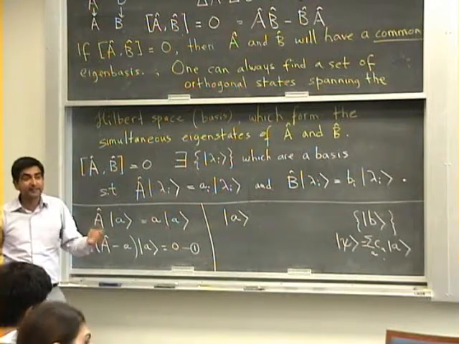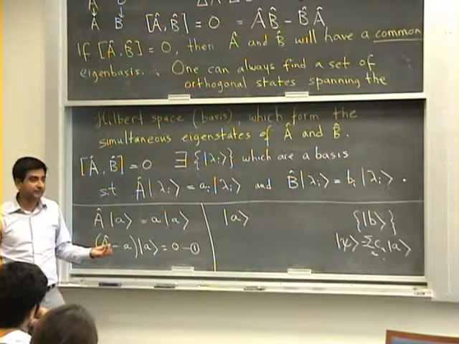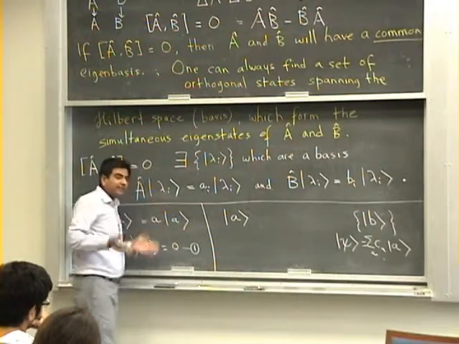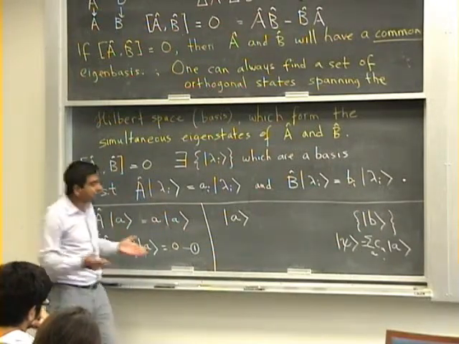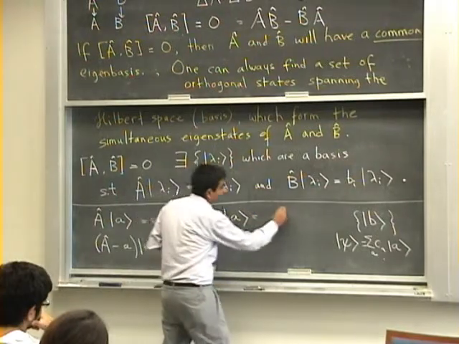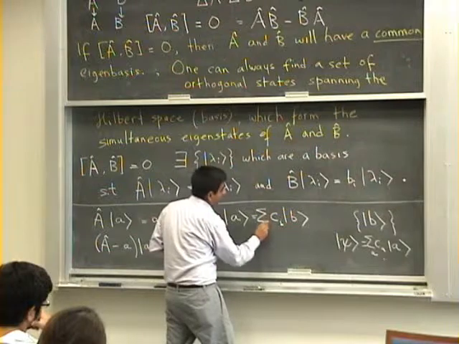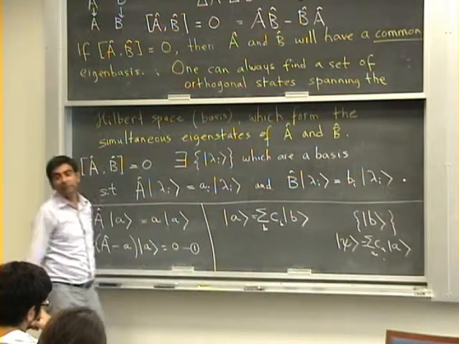Because both of these sets form a basis. Now take any vector, ket A, inside the same Hilbert space and decompose this as a sum of B's, right? There is no reason why I can't do this, right?